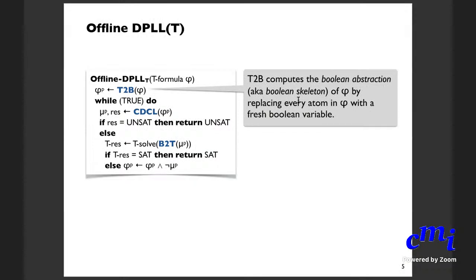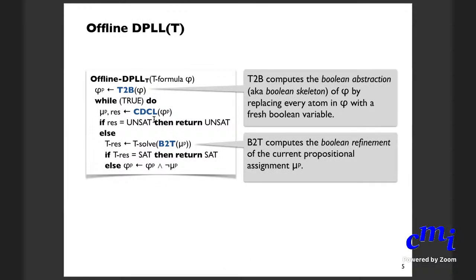Then you run CDCL as before. If that is unsat, of course, your original formula is unsat as well. Correct? Because any satisfying assignment of an SMT formula has to satisfy it propositionally as well as in the theory. So if the propositional structure itself is unsatisfiable, then it is unsat.